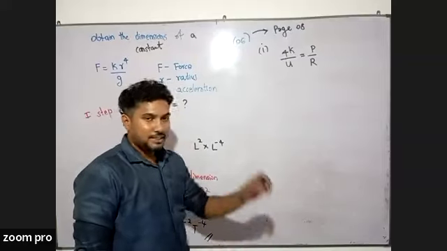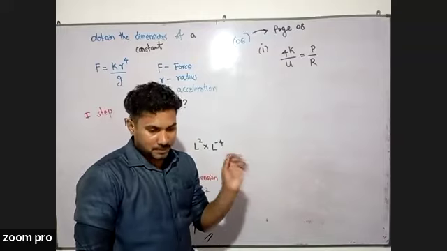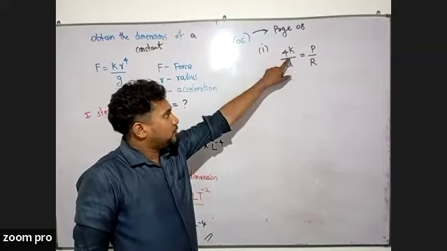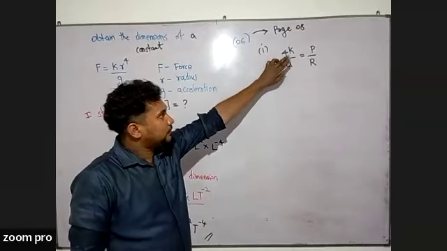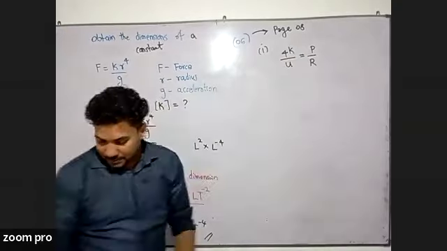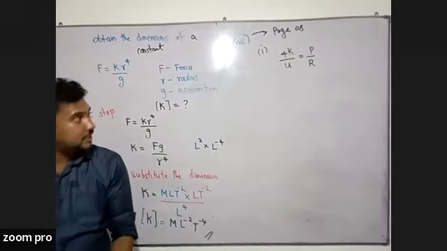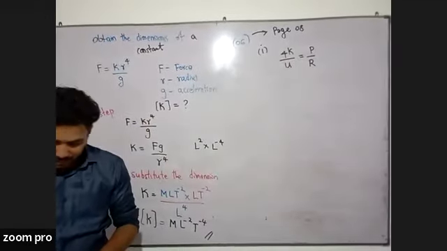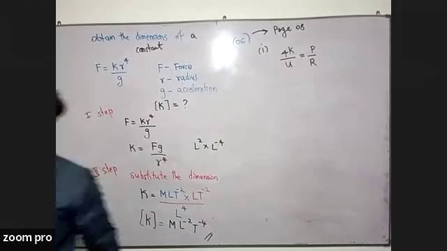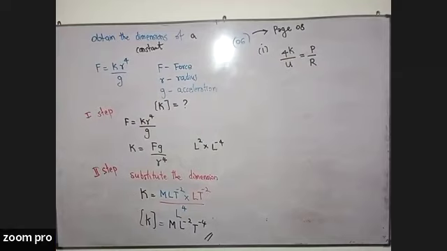It can change according to the equation, but generally it is so. So you have to find the dimensions of K in this example. P represents the pressure, R represents the radius, and U represents the velocity. Just go through the question and find the dimensions of K.